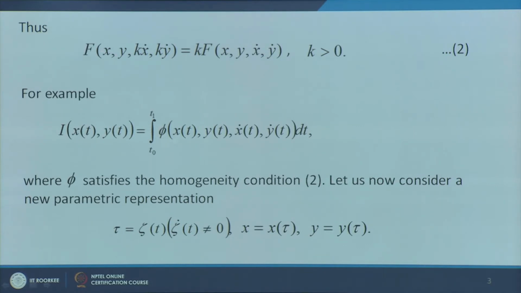So, here you can see in the functional t does not occur explicitly, and when we replace x dot by k x dot and y dot by k y dot, then what we get is k times f(x, y, x dot, y dot). So, we will call f a homogeneous function of the first degree in x dot and y dot.